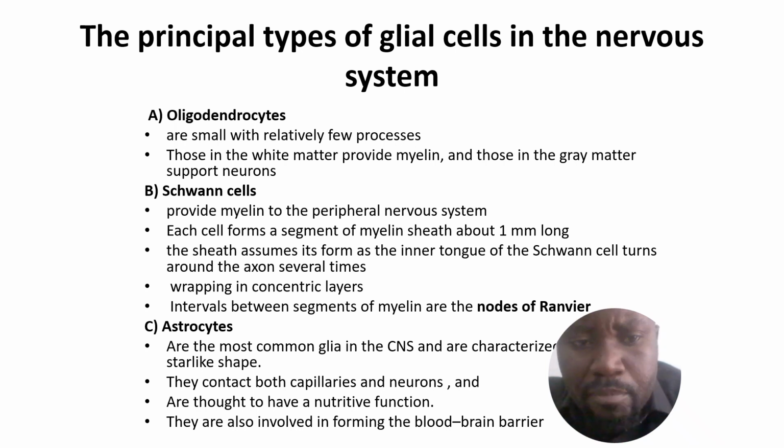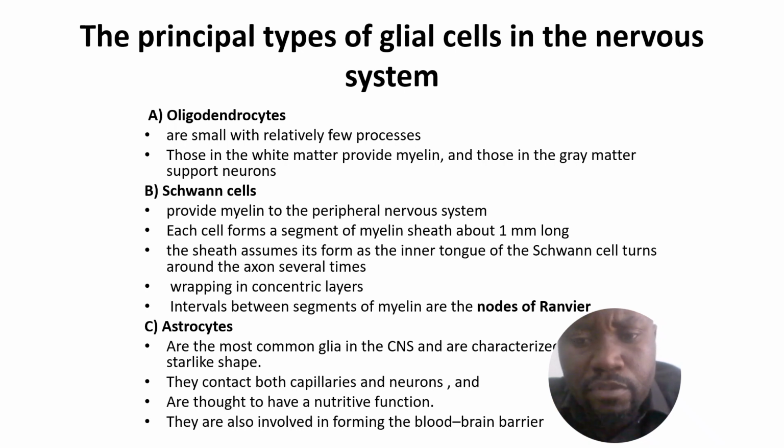Astrocytes are very, very important in providing control in terms of the nerve environment. So they control materials that flow into nerve tissue and control how nerve tissue allows exchange of materials with the rest of the body systems.